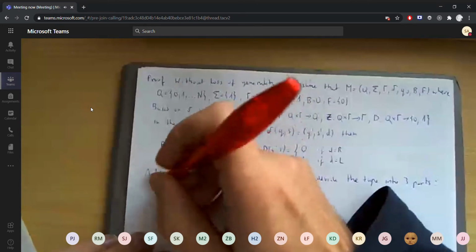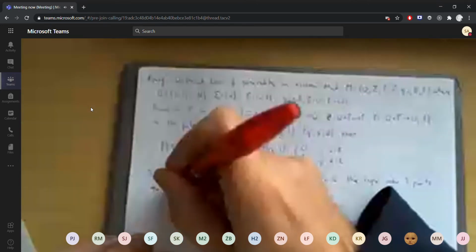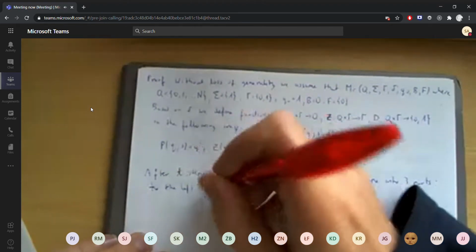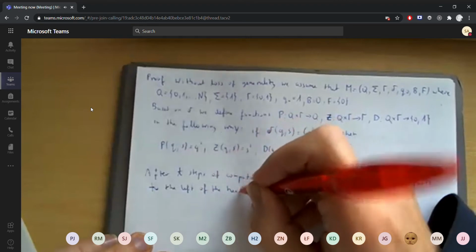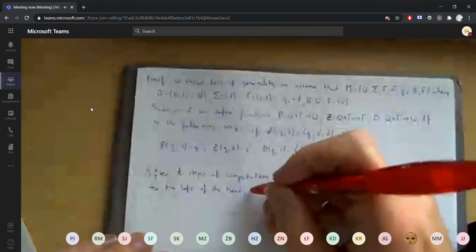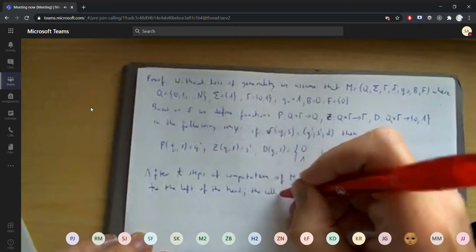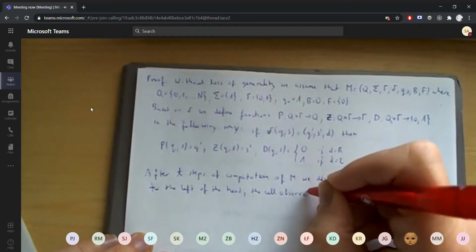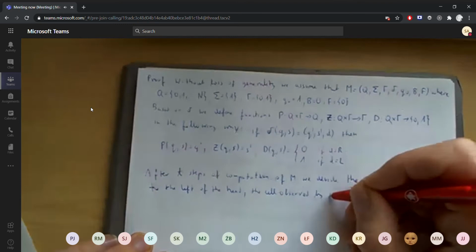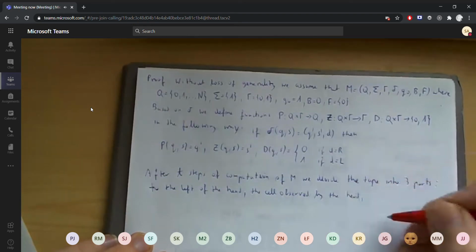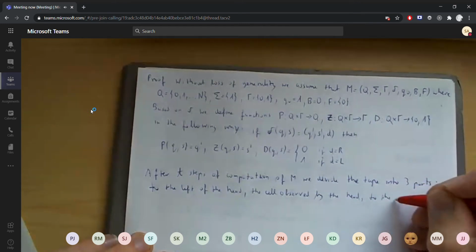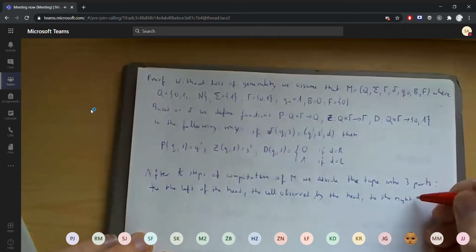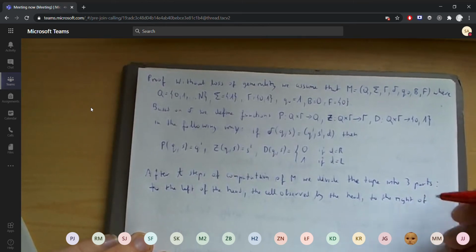To the left of the head, this is the first part. I will make a picture in a moment. The second part is the cell observed by the head, and the last one to the right of the head.